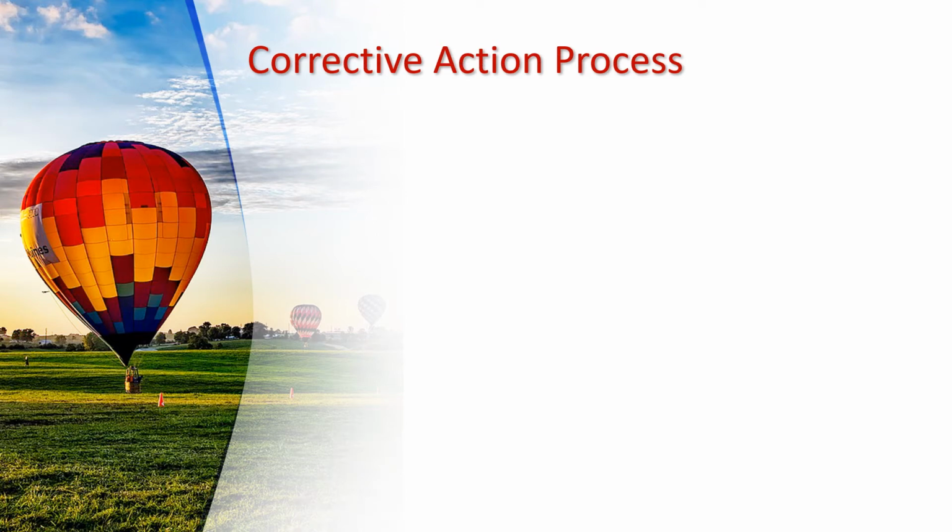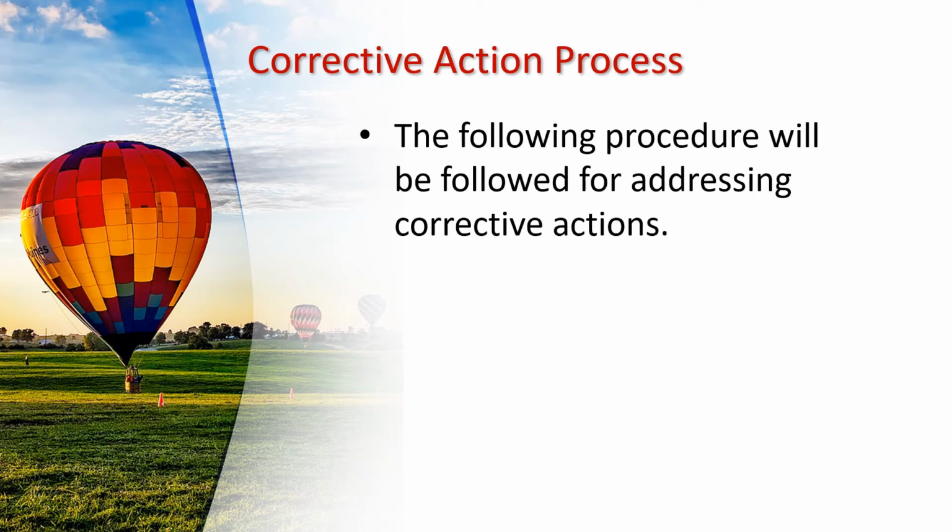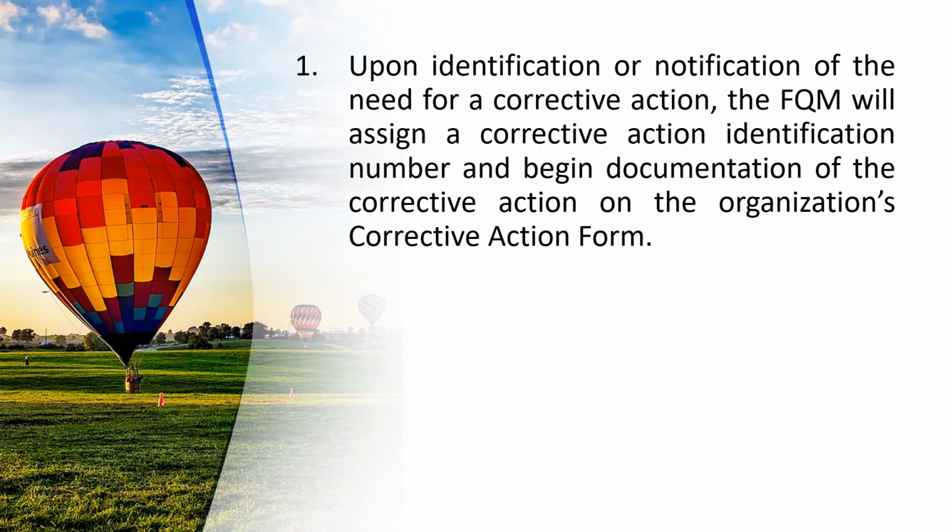The corrective action processes. The following procedure will be followed for addressing corrective actions. Number 1, upon identification or notification of the need for corrective action, the FQM will assign a corrective action identification number and begin documentation of the corrective action on the organization's corrective action form.